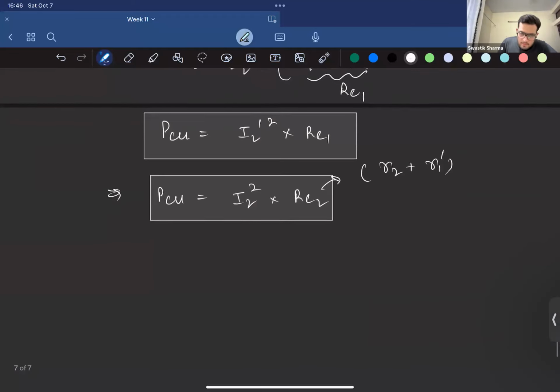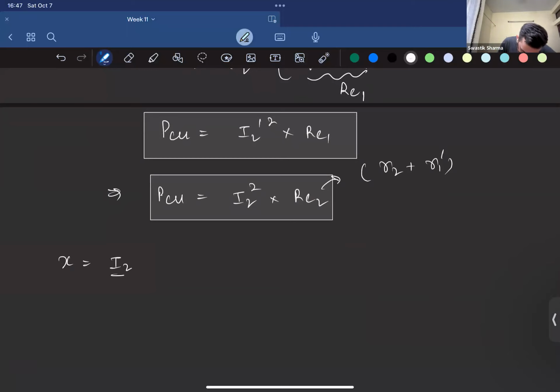Now let's say that our transformer is not operating at the full load, right? It's not supplying the full load current. So X is the ratio of the load current to that of the full load current, I2 upon I2 full load.